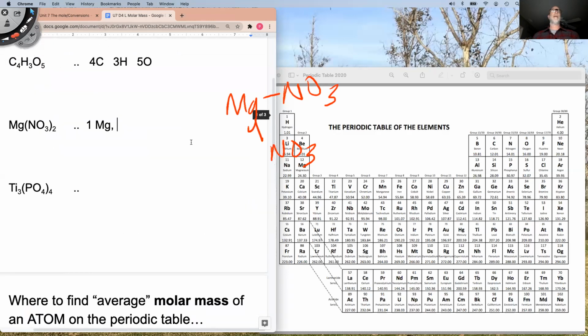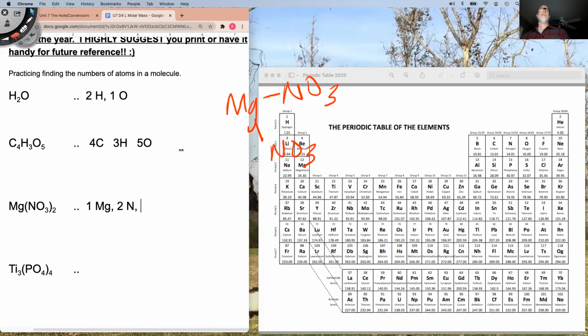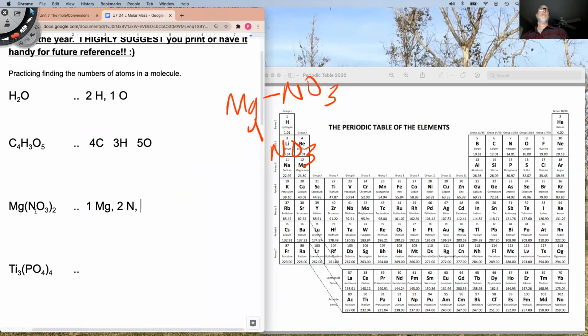We have 2 nitrogens, ladies and gentlemen. And then, how many oxygens would we have? Well, we have 2 of these nitrates, these NO3s, and each nitrate has 3 oxygens, and we have 2 of them, so we would have 6 oxygens total.